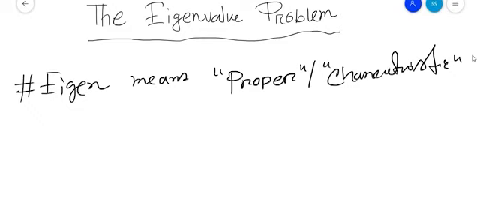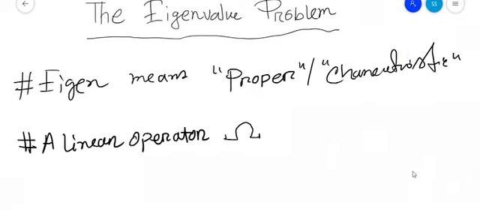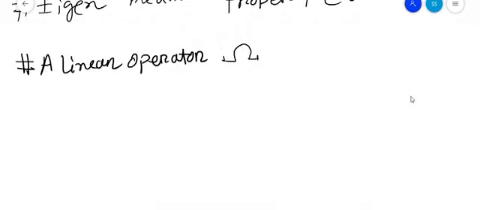So what is this eigenvalue problem? Let's say you have a linear operator, and let's call our linear operator omega, and there might be a set of vectors that forms a vector space.